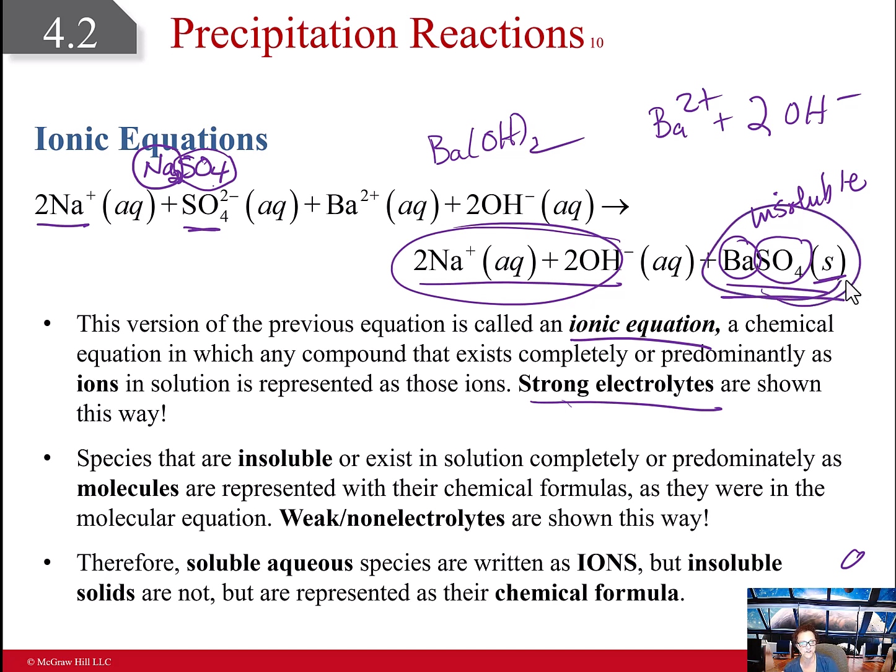Now in Chem 2, or later chapters, you're going to see that it's relative how insoluble something is. But this just means it's very, very low solubility, typically. So soluble aqueous species are written as their ions, but the insoluble solids are represented by their chemical formula, stating that they are in that solid state.